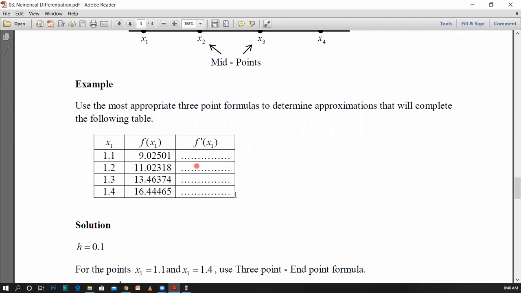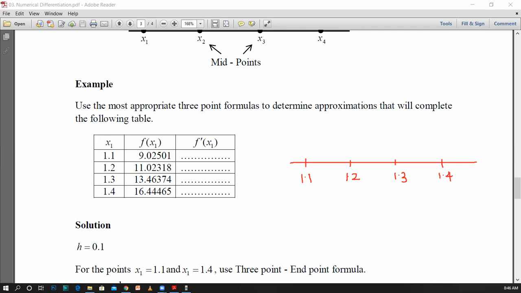Now if you draw this on a number line, you can see these are the points we are having. The first point is 1.1, the next point is 1.2, the next is 1.3, and the next is 1.4. And for these 4 points, we know we have two methods that we can apply to identify the derivative.